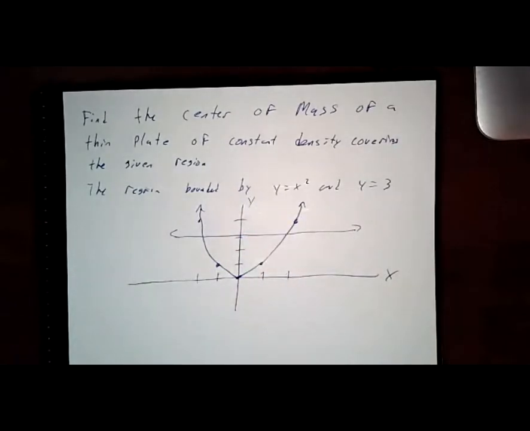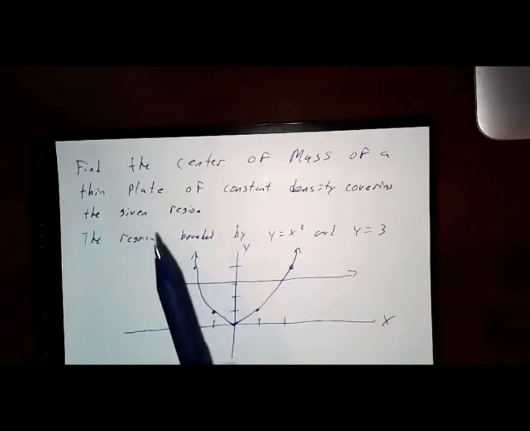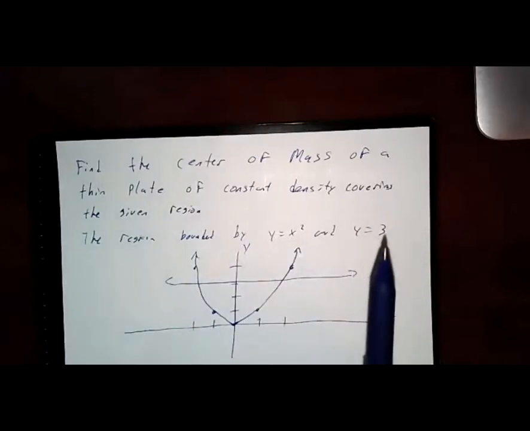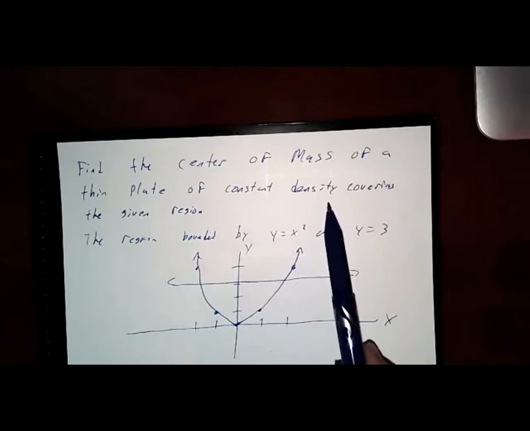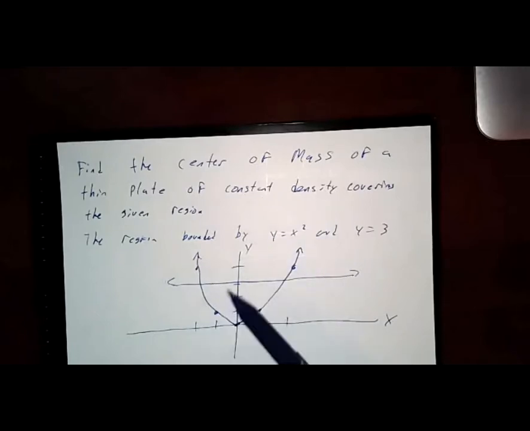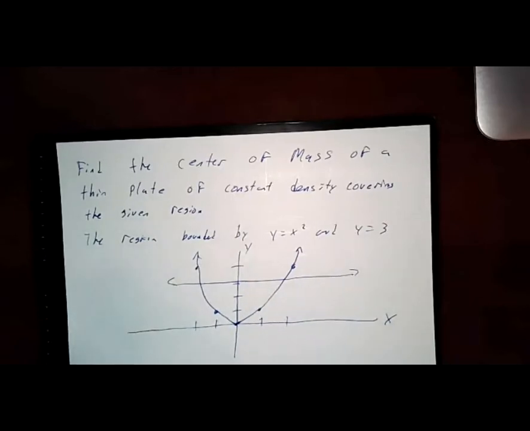Okay, so there's symmetry here, meaning the center of mass... let me start over. Find the center of mass of a thin plate of constant density, meaning the density of the plate will be the same everywhere, right? Since it's symmetrical, the center of mass in the x direction should be on the 0. So you can technically spot that x bar will be 0 without doing any work.